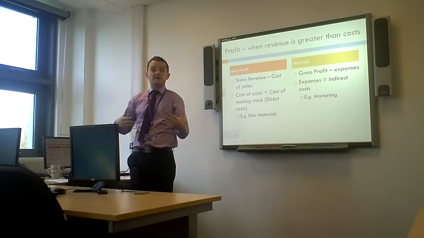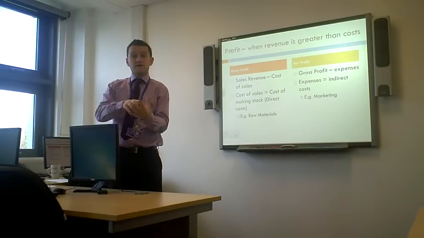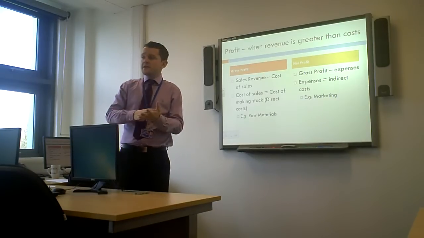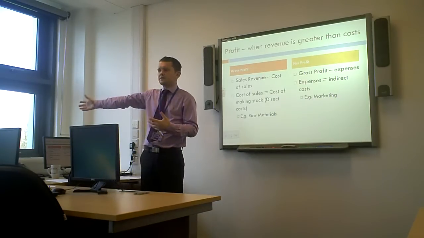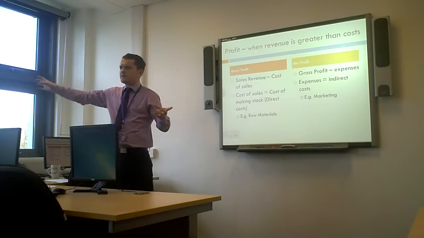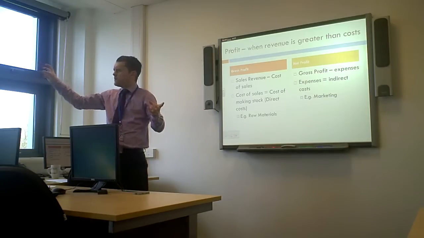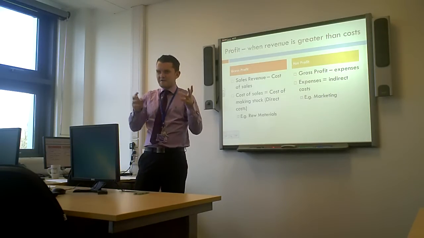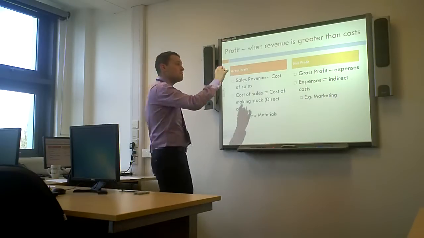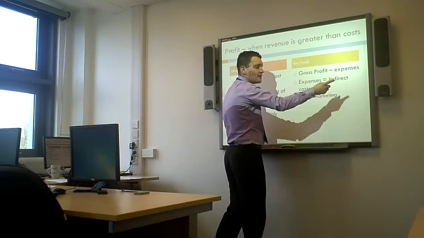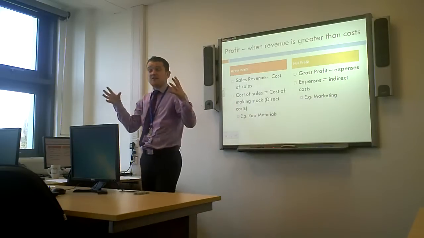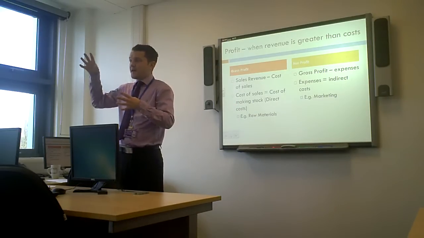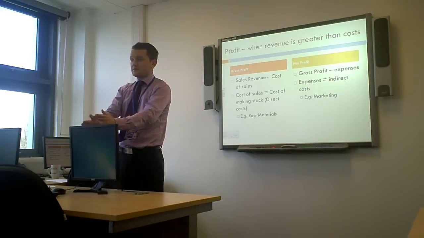I mean, in the long run, we must cover our costs. So if we're going to spend millions on advertising, that means we're going to put an extra 15p on the price of that. How does that happen? Very, very difficult. But what you need to know for the moment is they're indirect costs, because you cannot see directly how that cost goes into the selling price of one product.